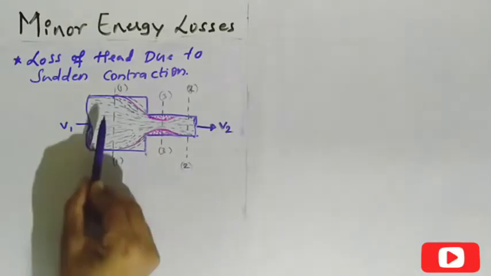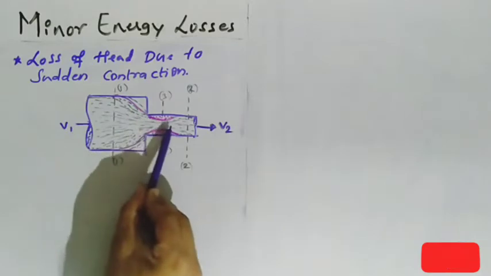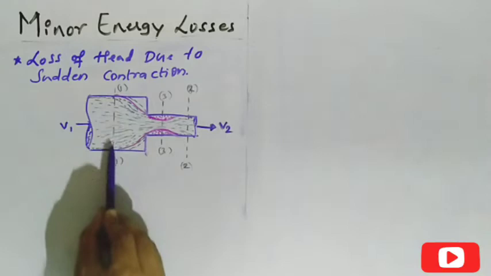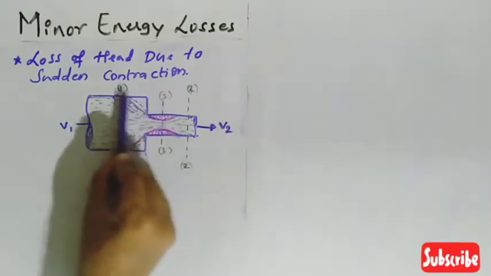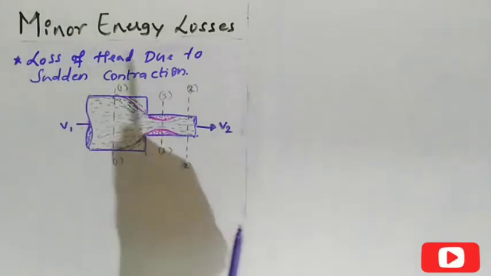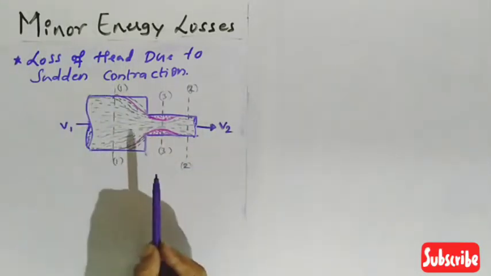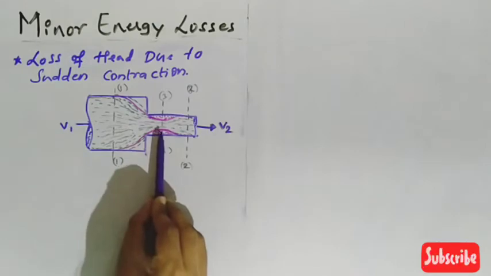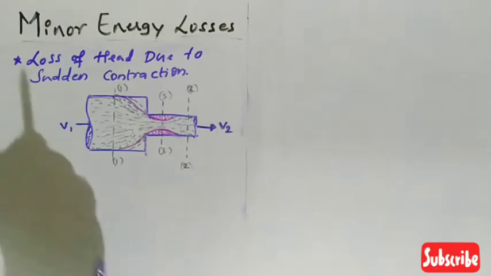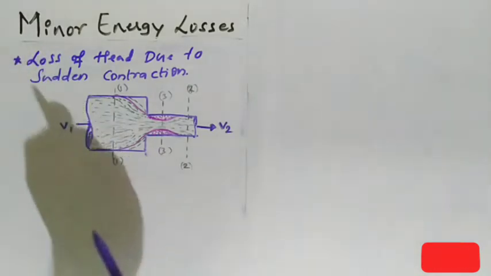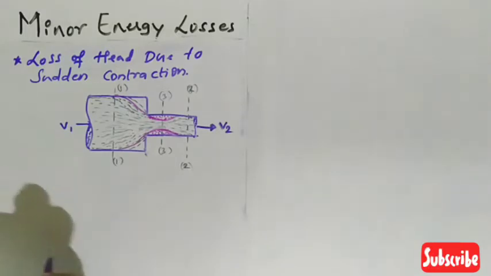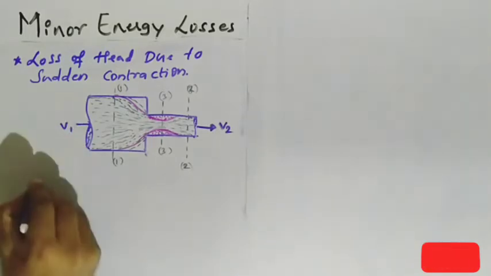Even though the contraction takes place at this section, the loss of head between 1 and 3 will be less, but the loss of head due to the enlargement of flow from the vena contracta section to the normal pipe section will be more.